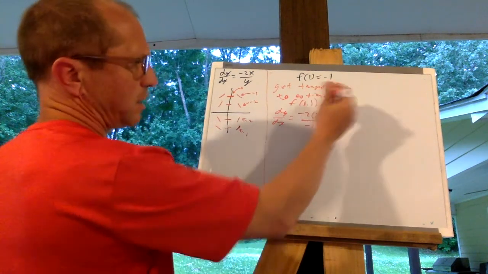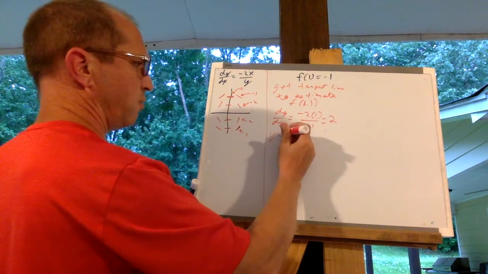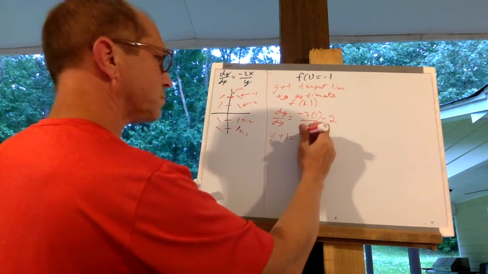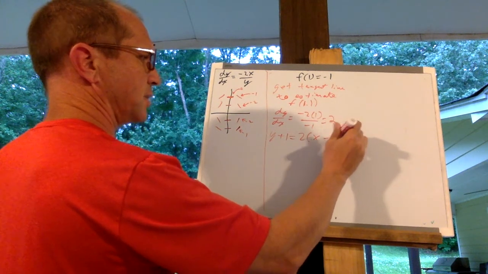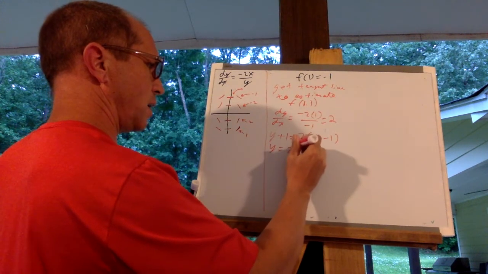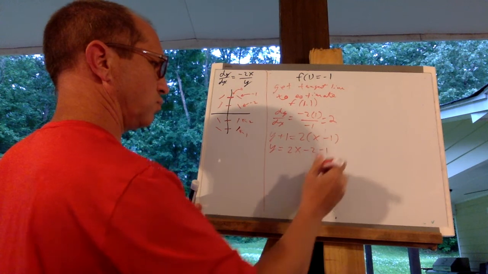So your tangent line is y minus negative 1, so it's y plus 1 equals m, which is 2, times x minus 1. So y equals 2x minus 2 minus 1.